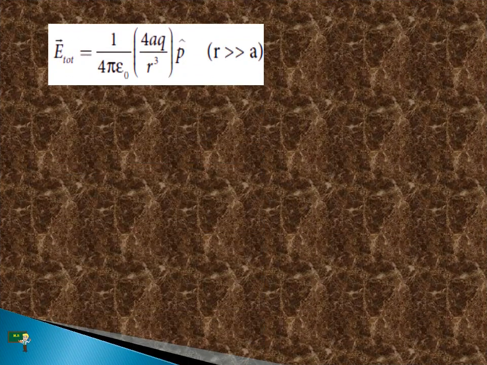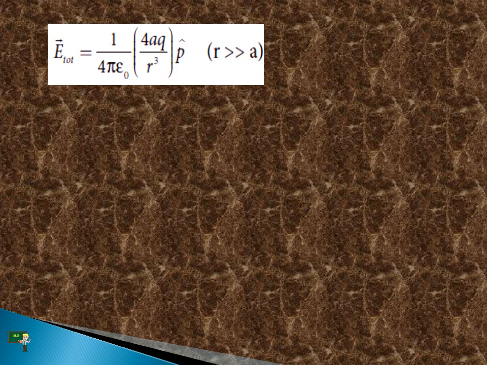I will explain you. Then E total is equal to 1 by 4 pi epsilon naught into 4 A cube divided by R cube, because we cancel 1 R in the upper region and from the R power 4 we cancel 1 R. That's why we have 4 A cube divided by R cube into P cap.